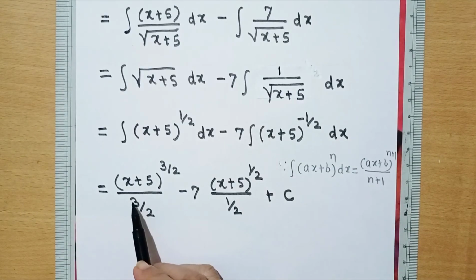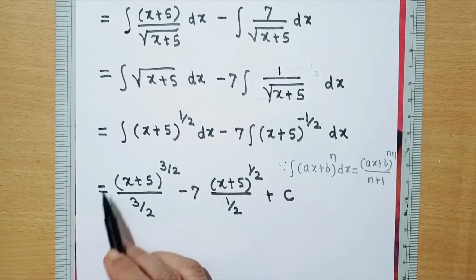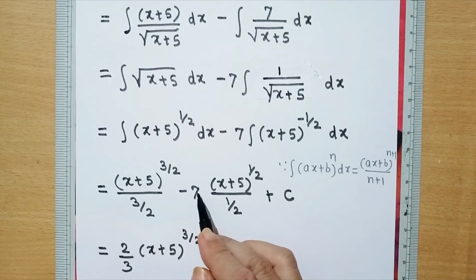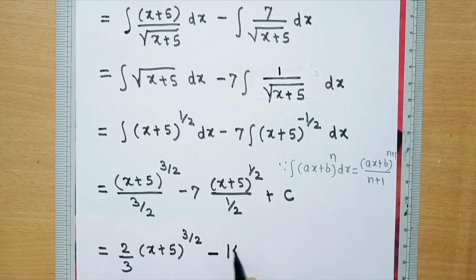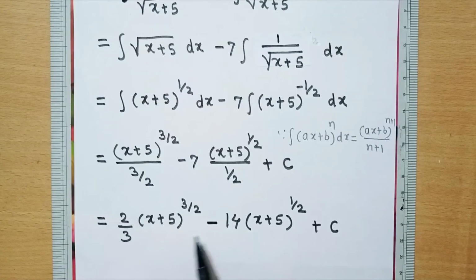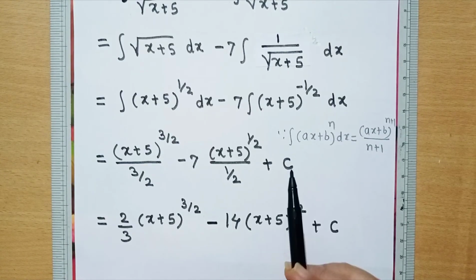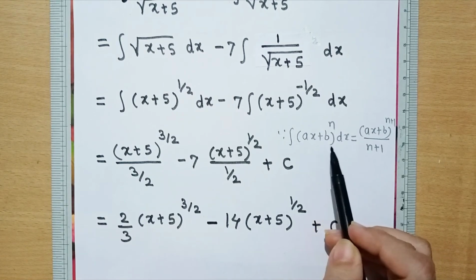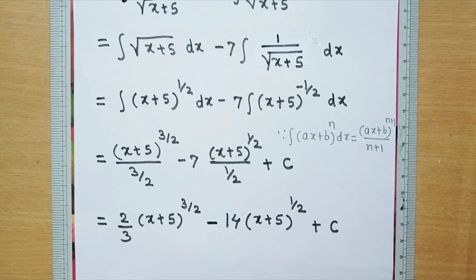And now the denominator term will go upside, and so again we have 2 upon 3, this as it is, and again this 2 will go upside, so 7 2s are 14, this as it is, and this is plus c. This is the final answer, and now you can understand we have to use basic formulae and formulae related to ax plus b and solve in the same way.